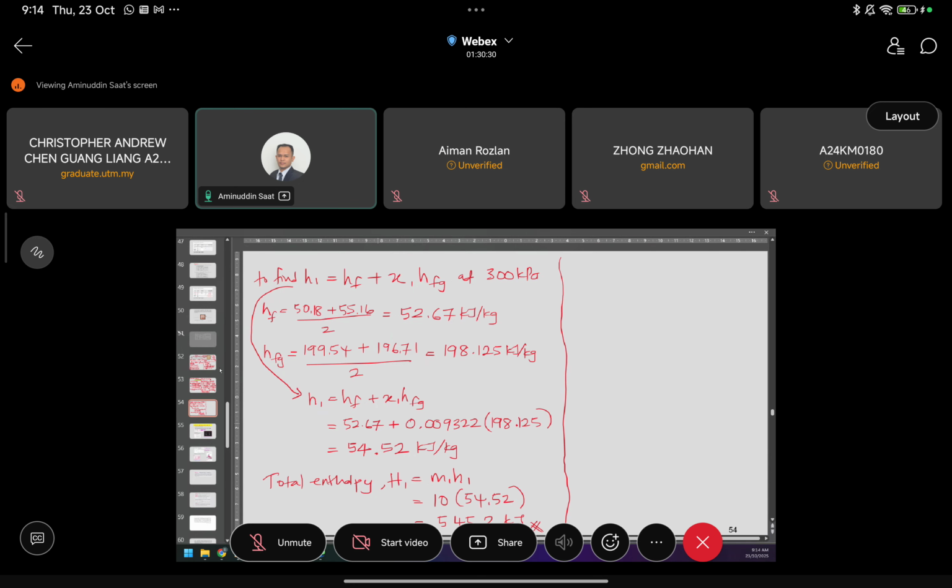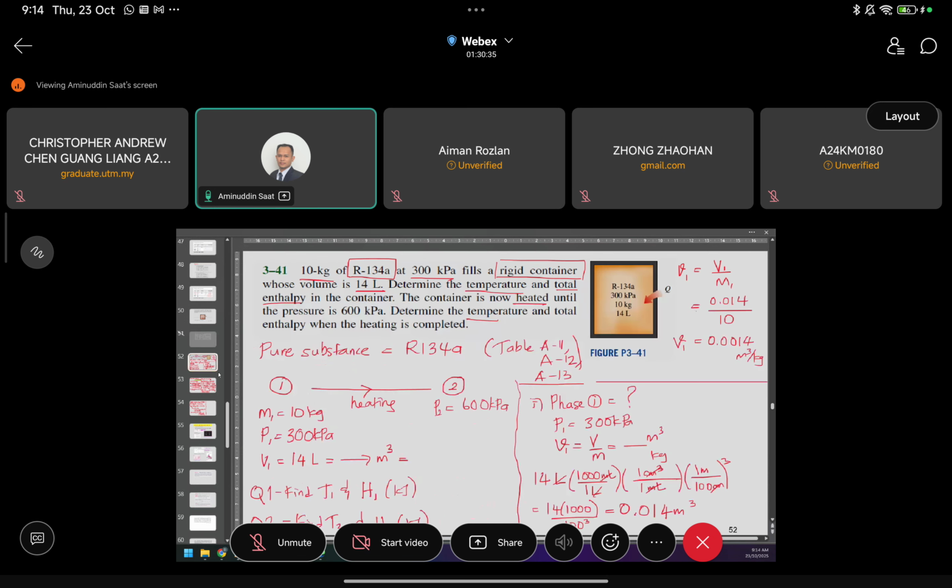And then if you look, you need to find the T2 and H2, the second part.